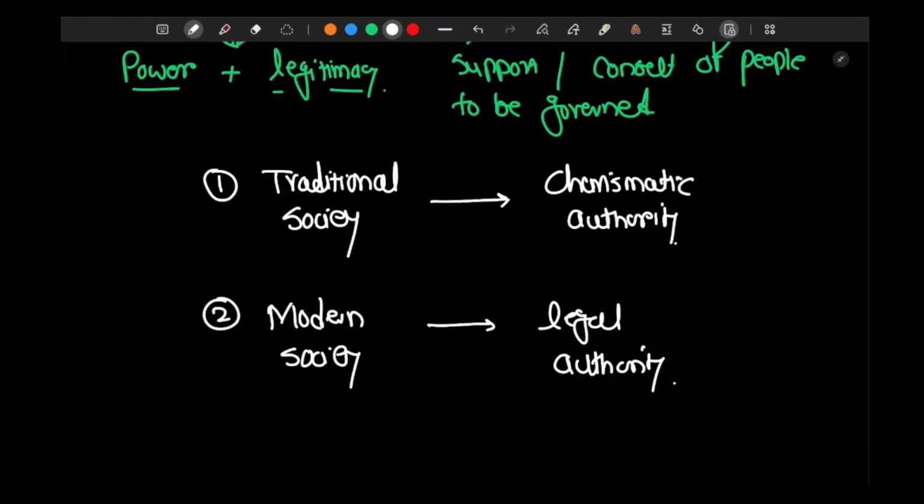So, in a modern society, people will prefer such people who are competent in legal terms, competent in policy making terms, competent in execution terms. So, in traditional society, there is charismatic authority, and in modern society, there is legal authority.